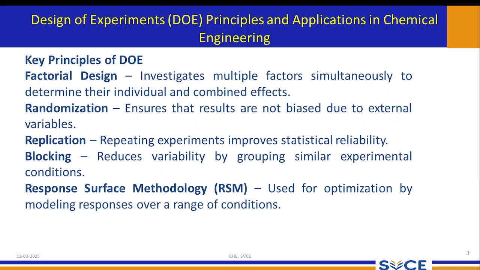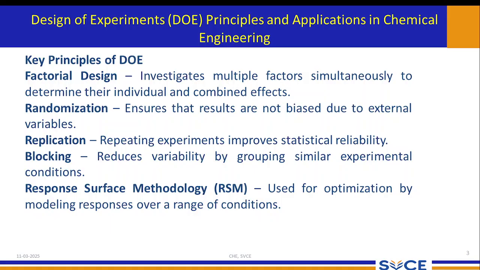Factorial design investigates multiple factors simultaneously to determine their individual and combined effects. Because of the individual effect, what is happening to the independent variable, sorry, dependent variable, I already told you.